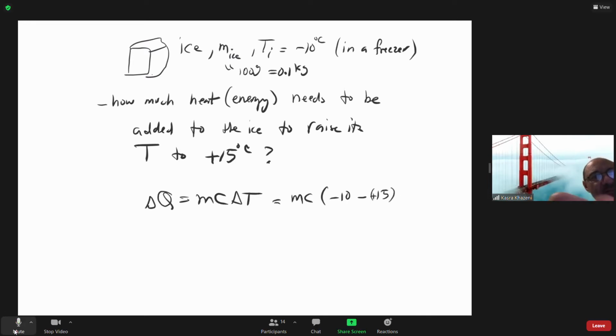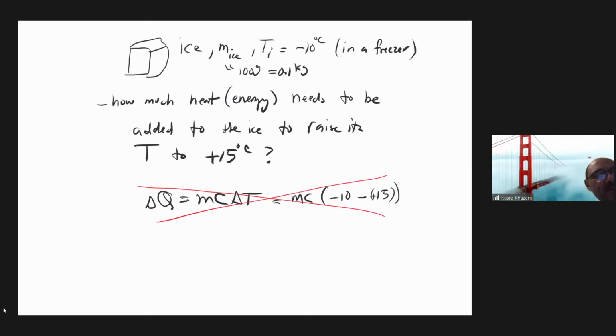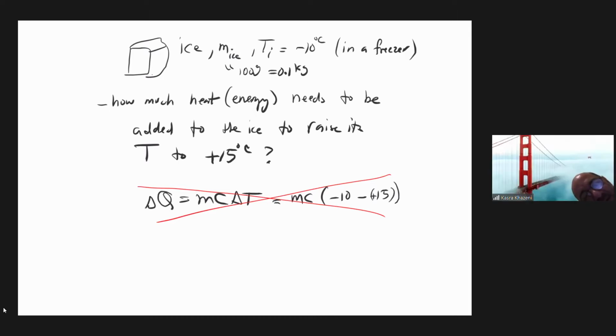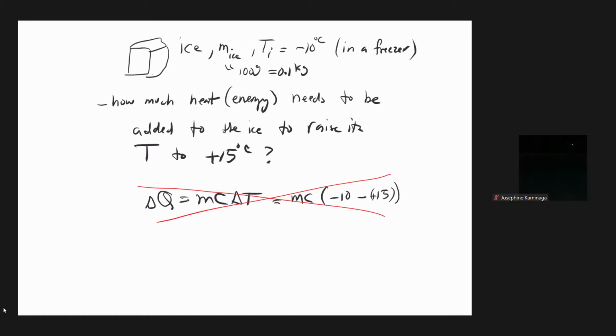All right, that sounds like a reasonable thing. Why is this not correct? Because the ice is gonna melt. That's right, exactly correct. At what temperature does ice melt? 0 Celsius.